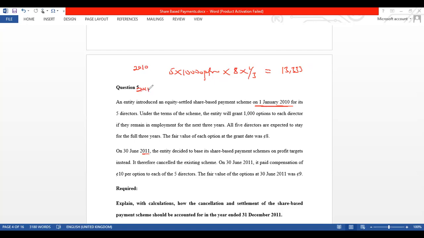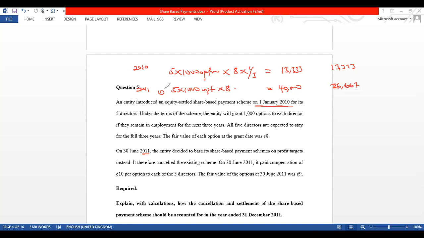Now that we come to 2011, we accelerate. By accelerating, step 1, it will be 5 options multiplied by 8. We are vesting it at this time. So I had 40,000. But here would have been 13,000 for the first year, and then we have 26,667 he gave me.